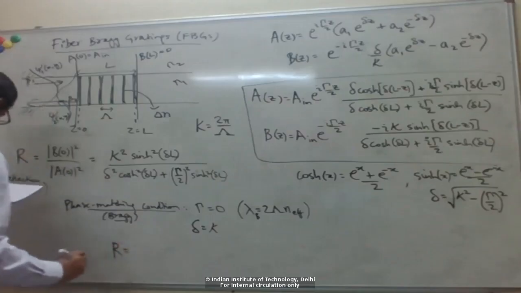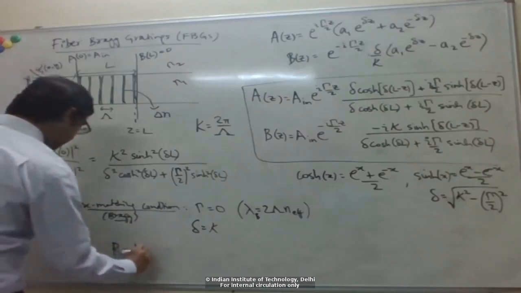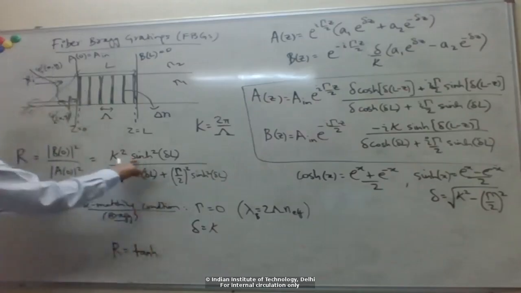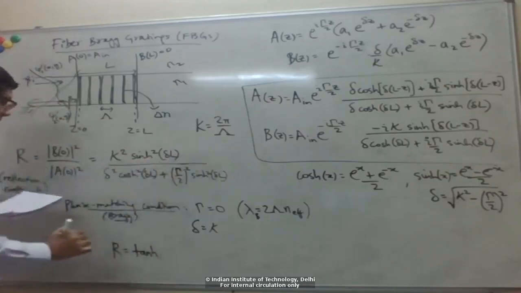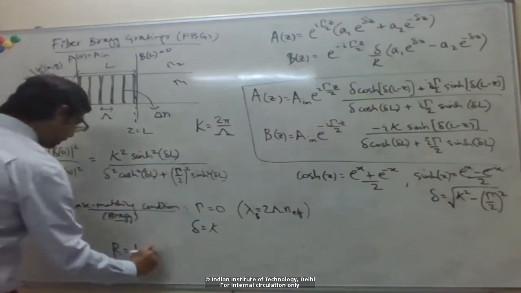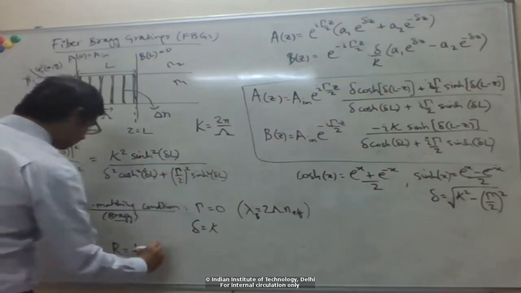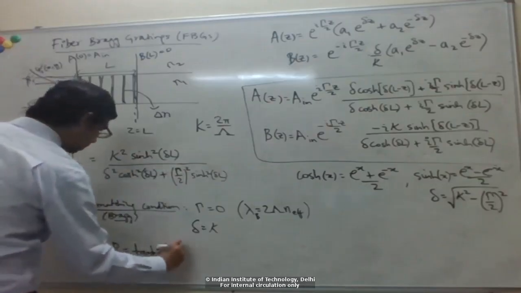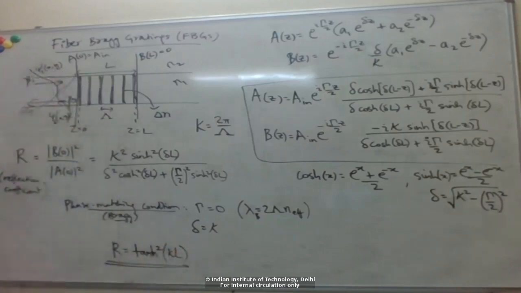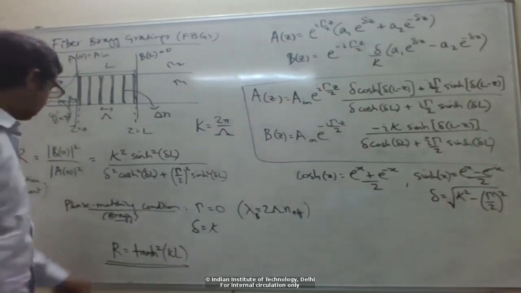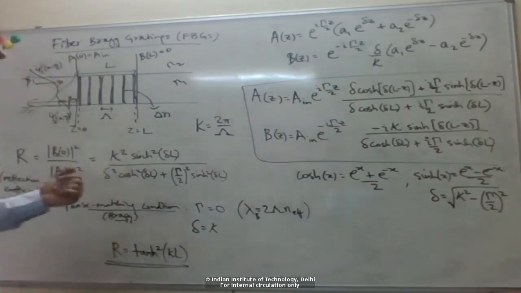And we get the reflection coefficient to be a sine hyperbolic square here and cosine hyperbolic square here. This factor goes away. So sine over cosine, we get a tan hyperbolic. Right at the Bragg wavelength is where we get the maximum reflection.